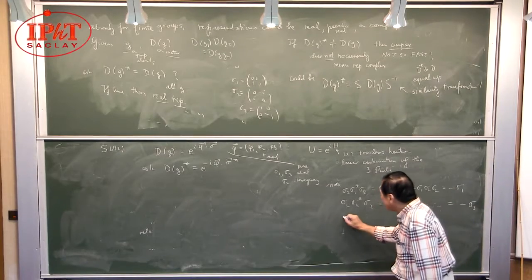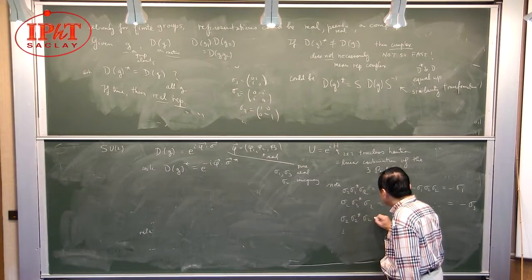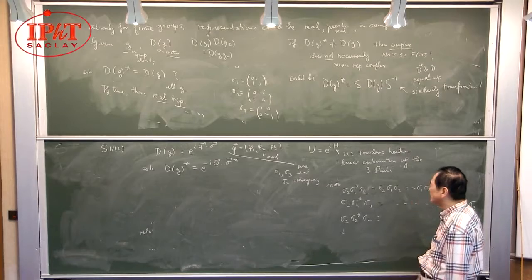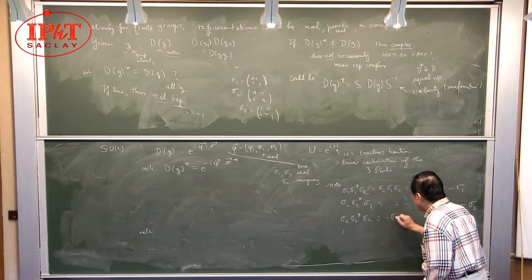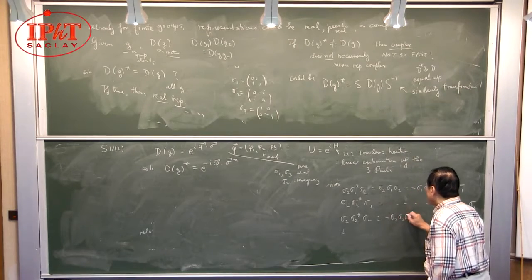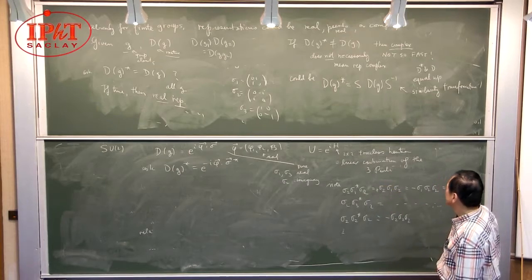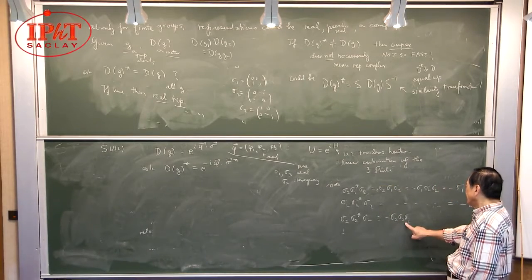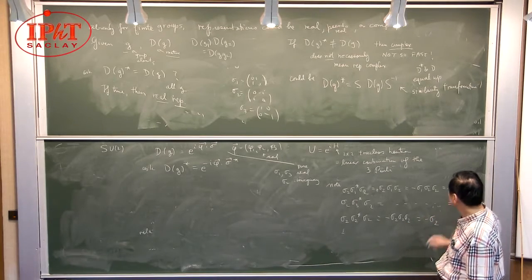But now the interesting case is sigma 2 itself. Because sigma 2 is pure imaginary, sigma 2 star is minus sigma 2. So it's sigma 2 times minus sigma 2 times sigma 2, unlike the other cases in which it's plus. This is minus sigma 2 sigma 2 sigma 2, but sigma 2 times sigma 2 is 1. So this is again minus sigma 2.